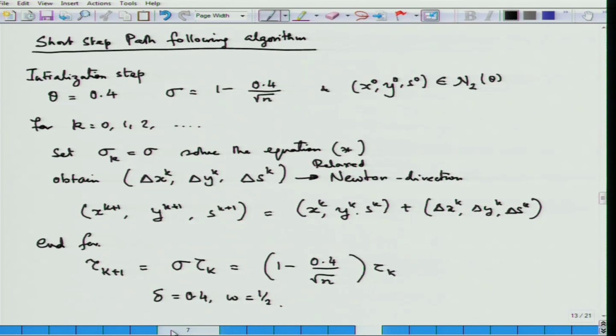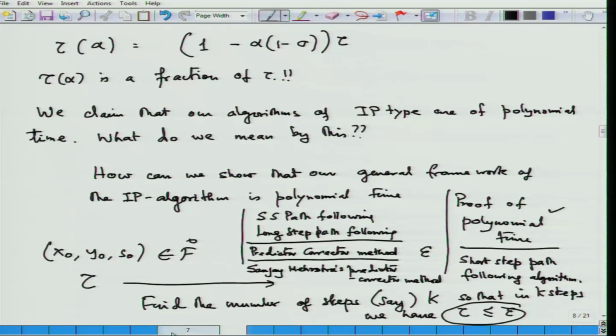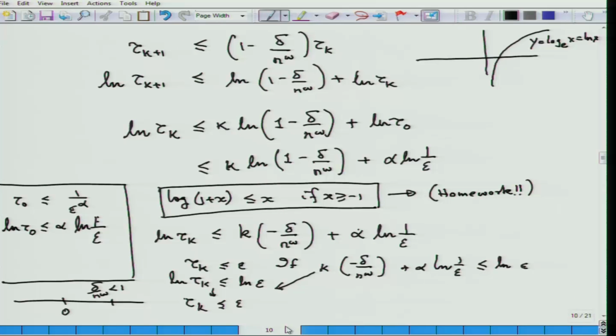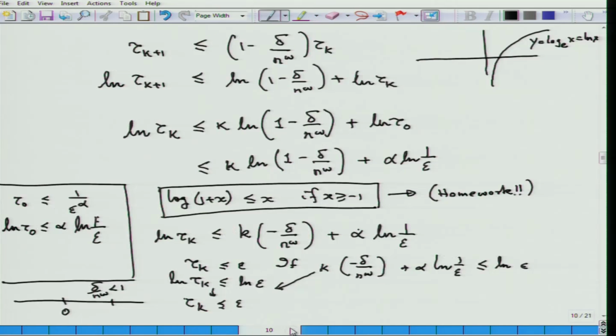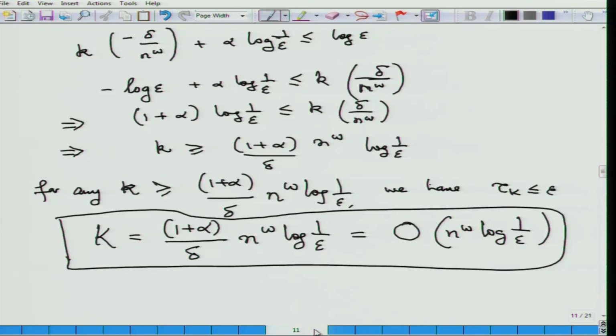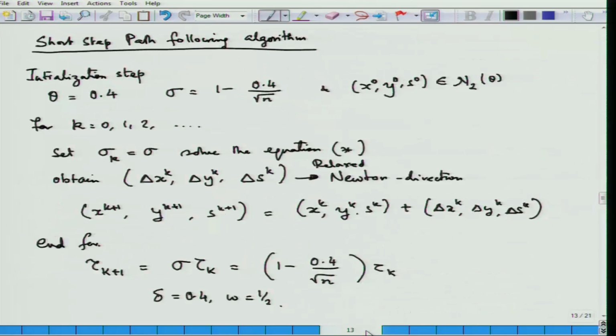Now, what does it show? I am actually having a scenario of this result. I am actually having the basic requirement of proving the complexity or the polynomial time. Only if I choose my x naught, y naught, s naught in such a way that tau naught is less than 1 by epsilon to the power alpha, then I am done. I have already put the sequences in this form, so I am straight done.